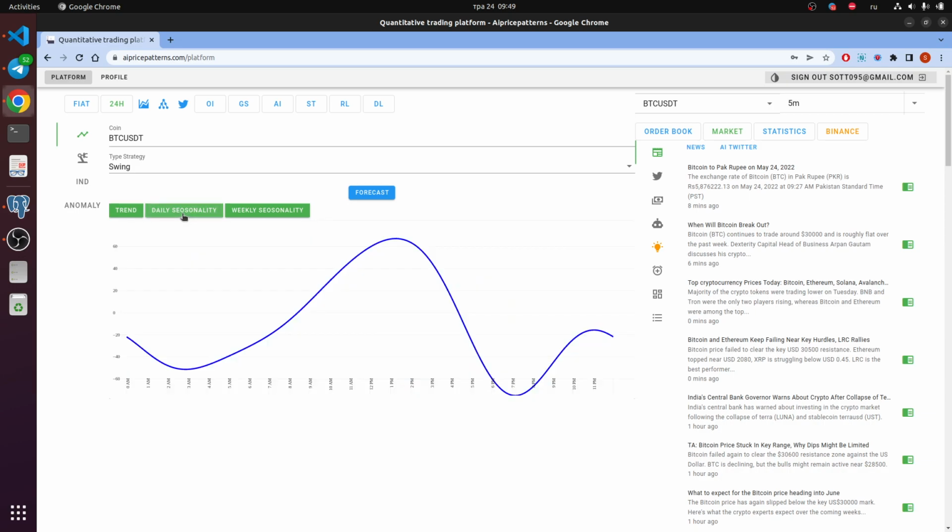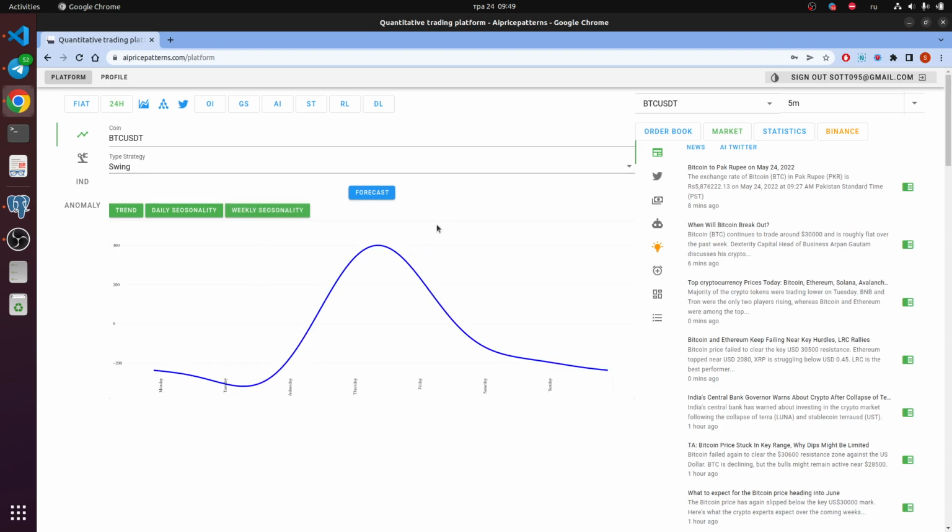Let's look at daily seasonality. You see we have some seasonality during the day, some activity at 12 p.m. GMT 0, and some activity here, and during the day we also have some activity. You see on Tuesday, for example, and Friday, but on the weekend we have low activity.